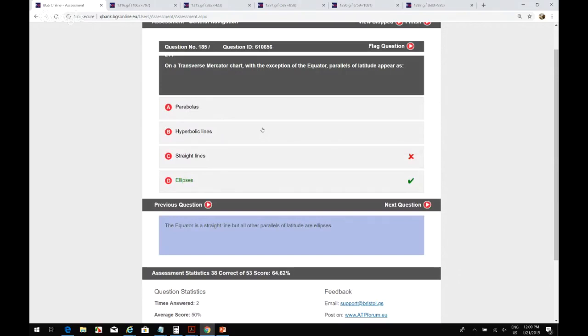Let me see what transverse Mercator is. So I know a direct Mercator. Not sure about a transverse Mercator. I'll look it up. It's a chart. All right, I'm going to stop there.